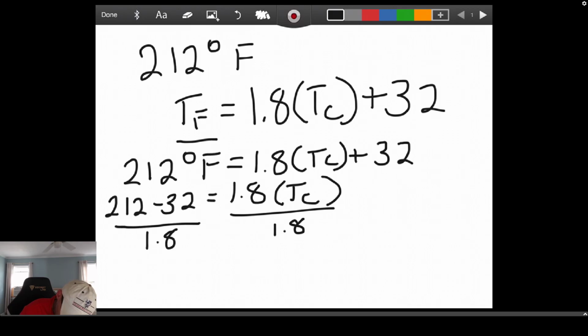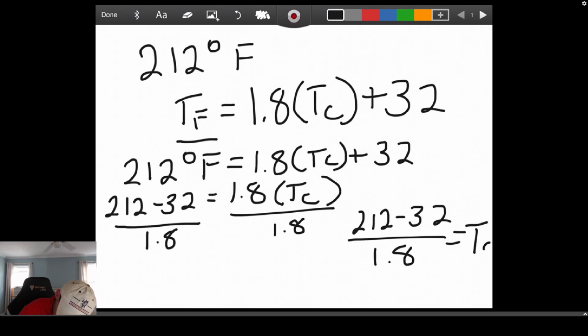That leaves me with 212 minus 32 over 1.8 equals TC. Let's move that over here just a little bit.